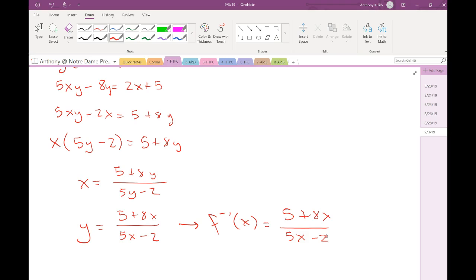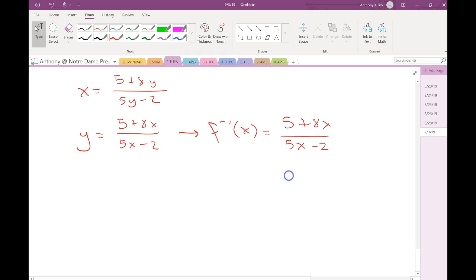Should we check to see if these are inverses? This gets a little bit messy, so it might be a nice review of how to deal with a complex fraction to go ahead and do that. What do you guys think? Probably worth doing if you don't really remember what we mean by complex fraction.